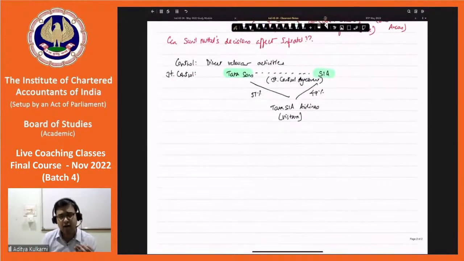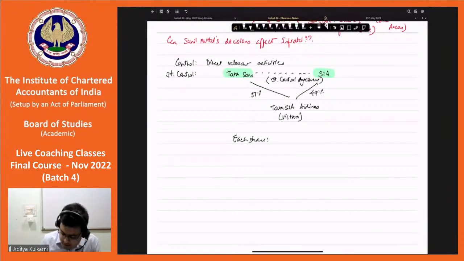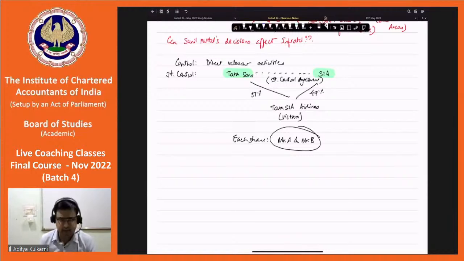Now, when I talk about joint control, Sheena Jain had a doubt. What in the case of joint shareholders? So, for example, each share is held jointly, that is by, suppose, Mr. A and Mr. B. Both of them are holding each share of a particular company. Would it be joint control? It depends on whether there is a shareholder agreement between both of them.